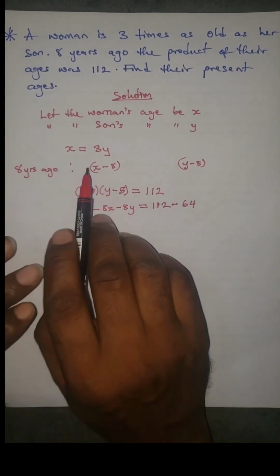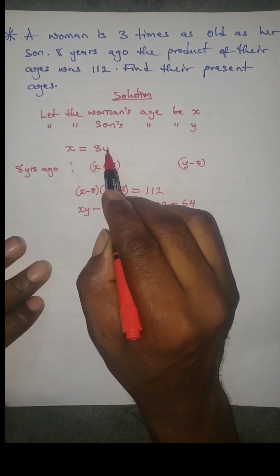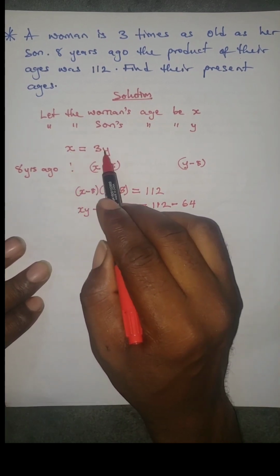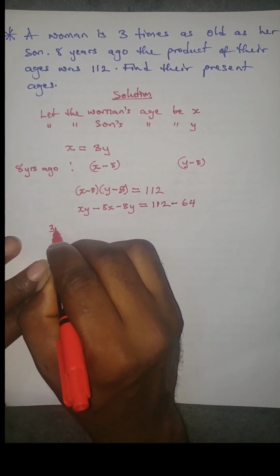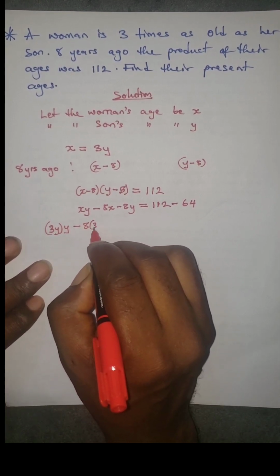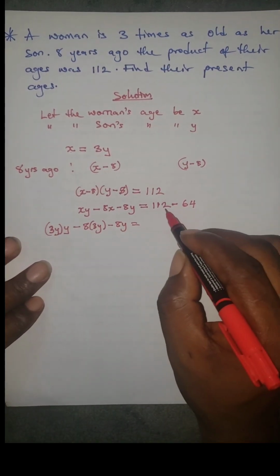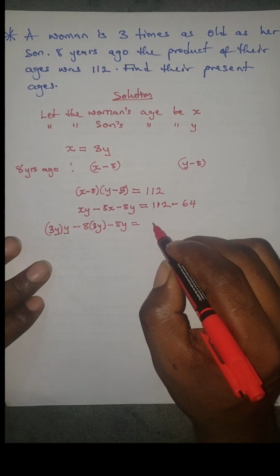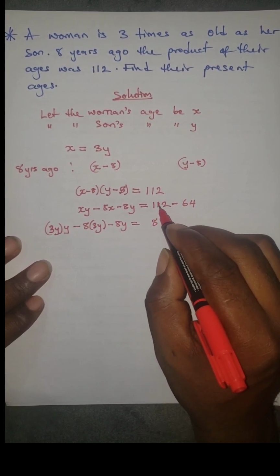So I have x as 3y. So I'm going to replace every x with 3y. So that will give me 3y into y minus 8 into 3y minus 8y equal to, when you subtract this, that will give you 12 minus 4 will give you 8.